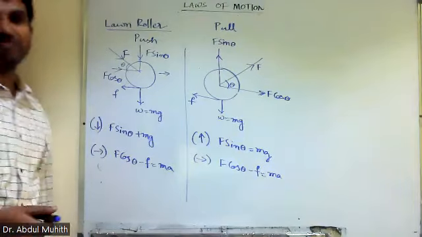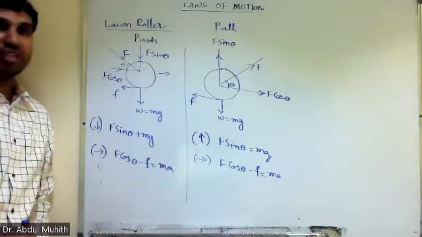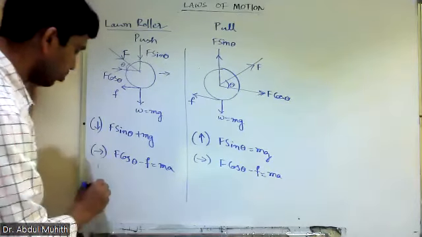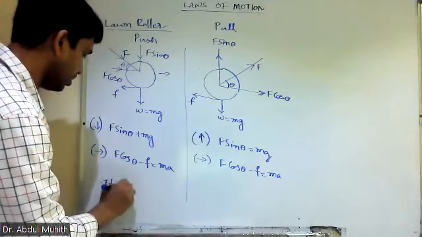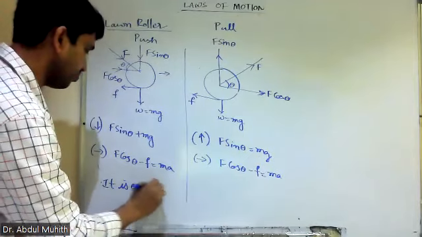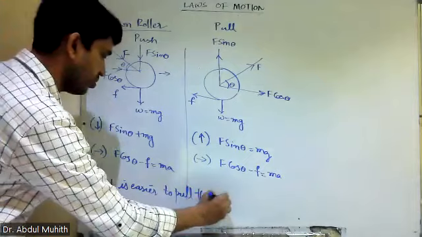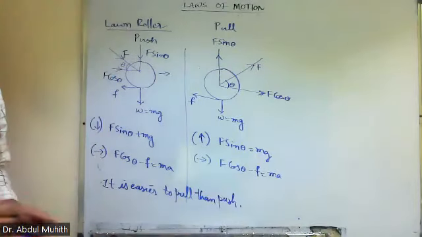So they said pull. Pull, very good. So pulling is easier than pushing. Okay, so you can write down: it is easier to pull than push. Clear? So this is one more numerical.